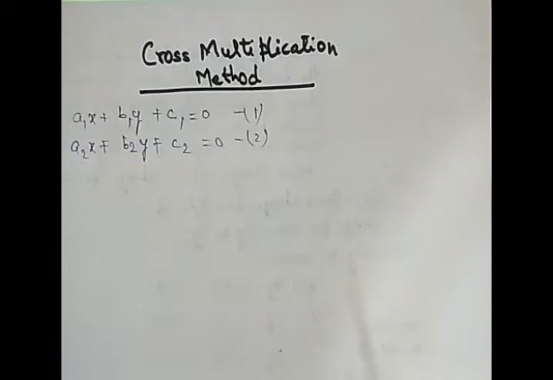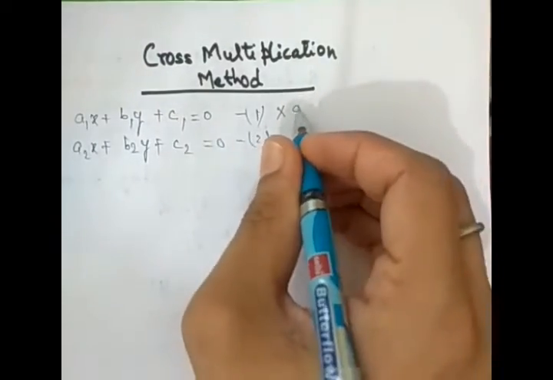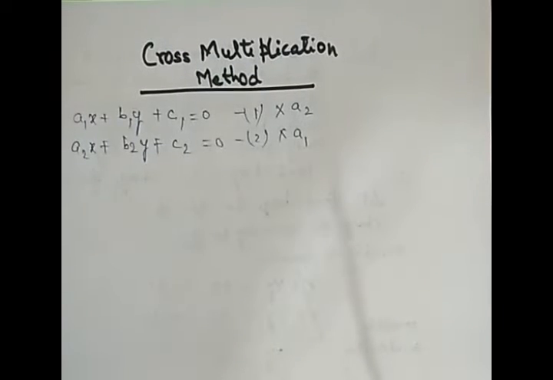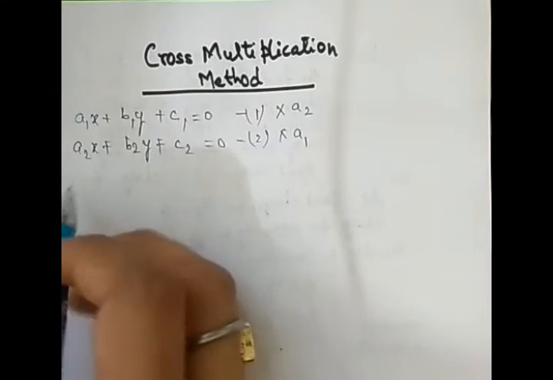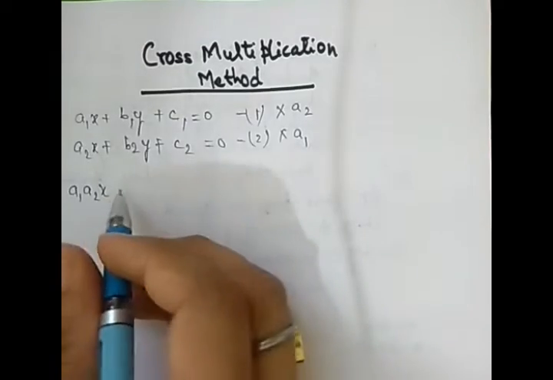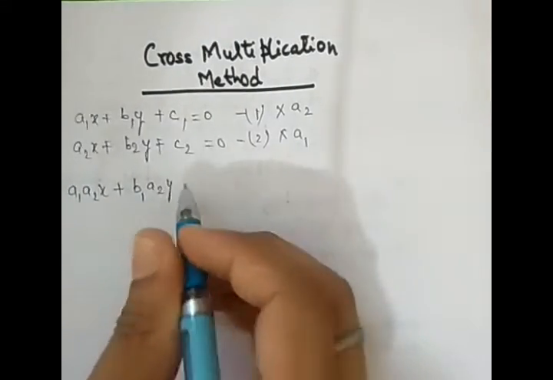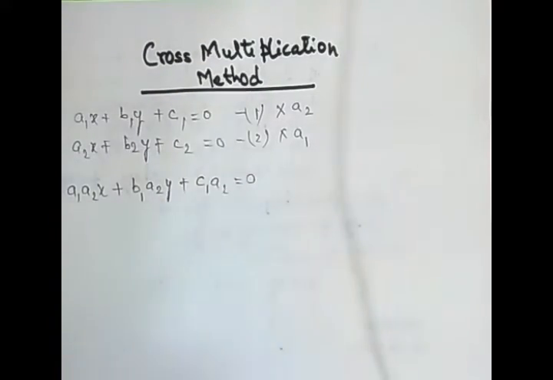अगर वही चीज यहाँ पर भी करने की कोशिश कर रहे हैं, अगर पहली इक्वेशन को हम a2 से मल्टीप्लाई करते हैं एंड सेकेंड इक्वेशन इज मल्टीप्लाइड बाई a1, अब आपके पास में जो कंडीशन आ जाएगी दैट विल बी a1 a2 times x plus b1 a2 y plus c1 a2 is equal to 0.